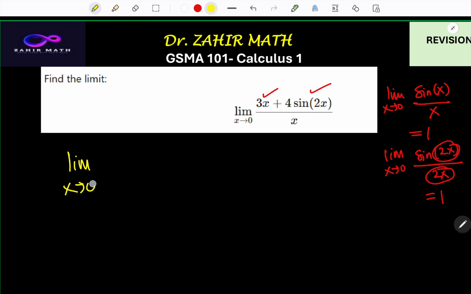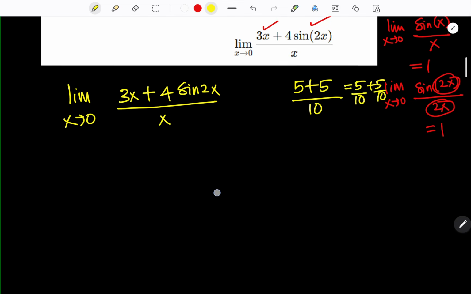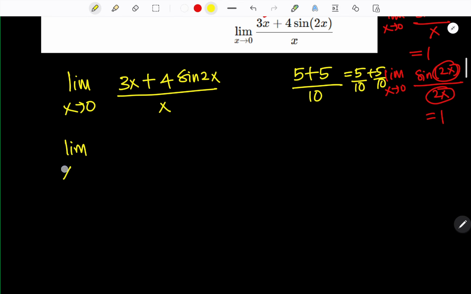Limit x goes to 0, 3x plus 4 sine 2x over x. Same thing as 5 plus 5 divided by 10, I'm writing 5 by 10 plus 5 by 10. So limit x goes to 0, 3x by x plus 4 sine 2x by x.